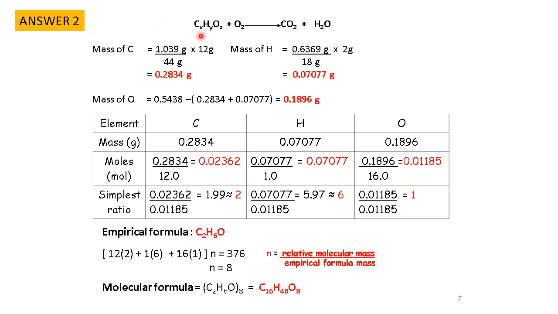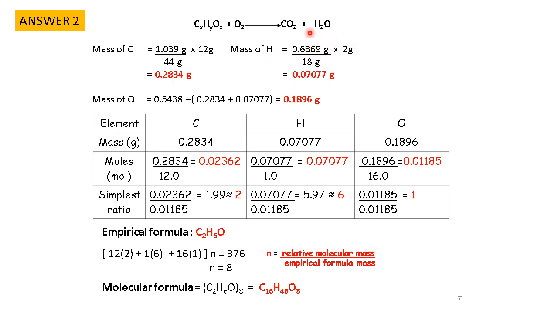First, we write down the formula for the combustion reaction. The products are carbon dioxide and water. Okay, so given the mass of carbon dioxide is 1.039 gram, so we times 12 over 44. 12 refers to the mass of the carbon, and then 44 is the molar mass of carbon dioxide. So we get 0.2834 gram. And then we apply the same thing for mass of hydrogen.